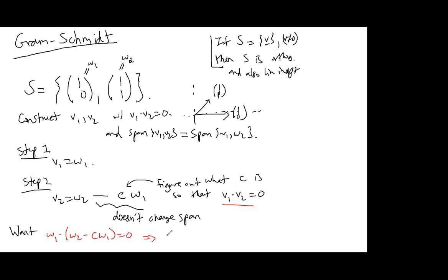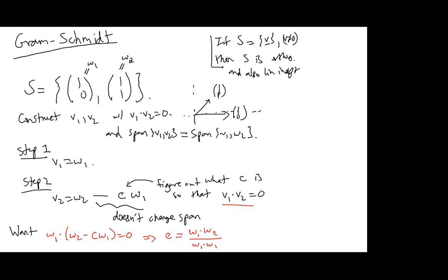We solve for C and get that C is W1 dot W2 over W1 dot W1. That's our formula for C. Let's do this with our example and see what we get.